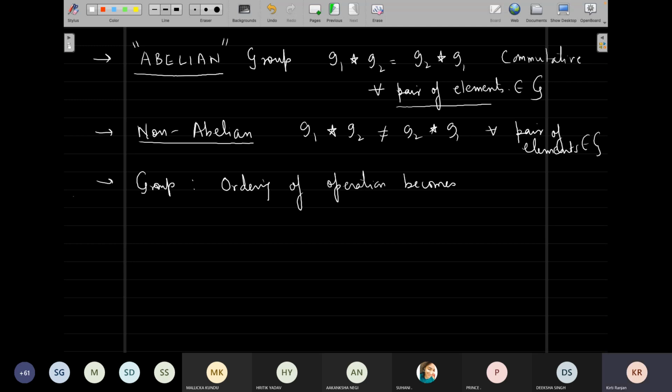What do I say here? What is this property, G1 star G2 equal to G2 star G1? The property says that whether you apply G2 first and then G1, or G1 first and then G2, they remain the same.